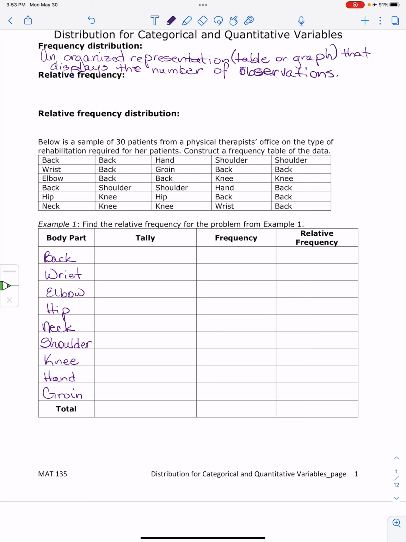So you can pause right here for a minute. Hopefully you can read that and write that down.